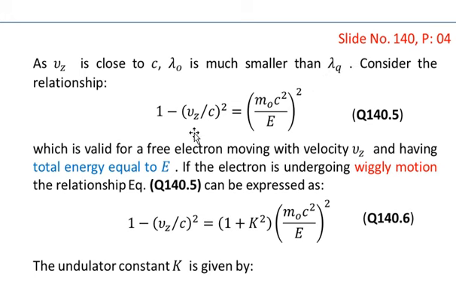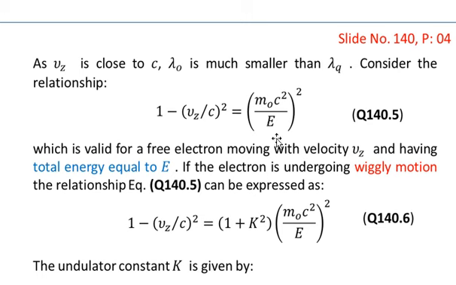Consider the relationship: 1 minus the square of Vz over C is equal to the square of m naught C square over E. This is a very common equation, because if you solve it for E, with E on the left hand side and all the terms on the right, then capital E will be equal to m naught C square divided by the square root of 1 minus the square of Vz over C. In that form you will recognize this equation very easily.